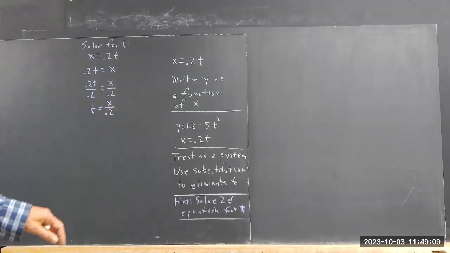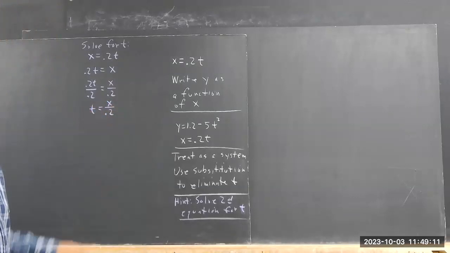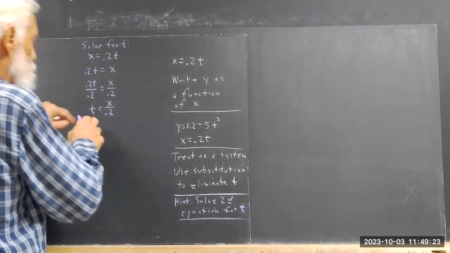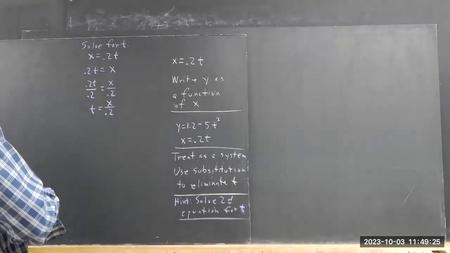Now that's the same as t equals 5x, but we'll just do x over 0.2 for right now. I'm not worried about why that's 5x. Dividing by 0.2 is the same as multiplying by 5, but we don't really need that to finish the solution.